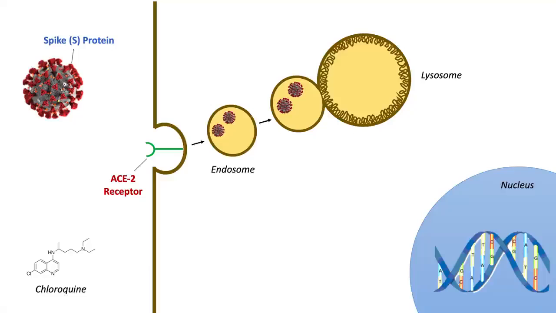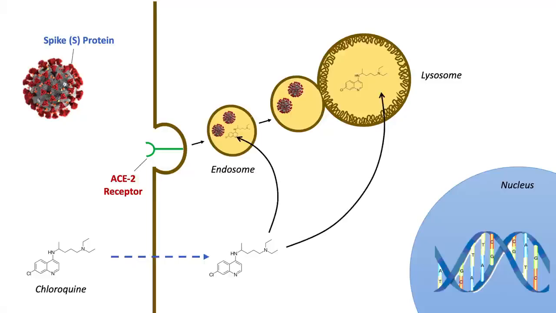Chloroquine can block this process by entering into the cell, and it can permeate into endosomes and the lysosome, allowing it to alkalinize the endosome and lysosome, which means that it can increase the pH of the endosome and lysosome, preventing them from being acidified.